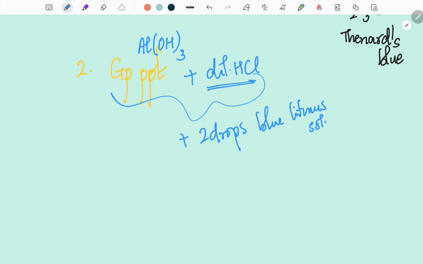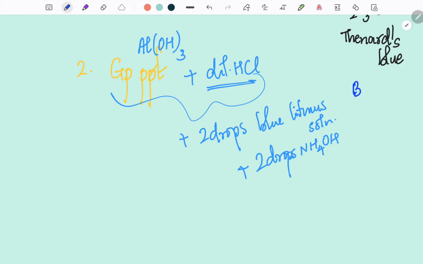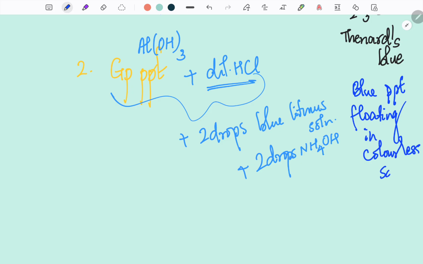So you need to add 2 drops of blue litmus solution, and also 2 drops of ammonium hydroxide, NH4OH. When you are doing this, if you are able to observe a blue colored precipitate floating in a colorless solution, a blue precipitate floating in colorless solution, then that means aluminium ion is confirmed.